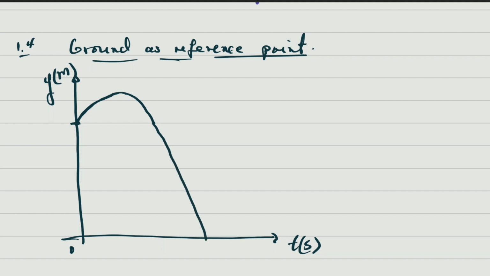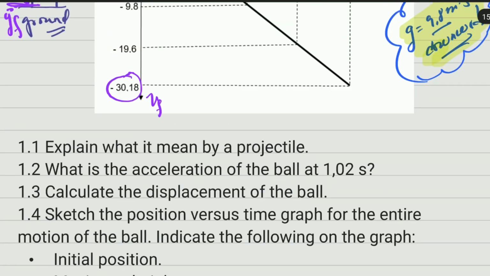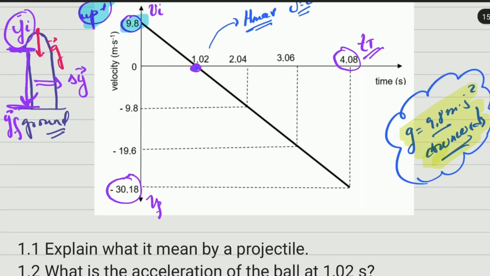So let's first of all write down what we know from the previous graph. For example, the total time of the object is given, and that one is 4,08 seconds. If you go to the graph of velocity, that is the total time, but this 0,2 is the time it takes for reaching the maximum height.